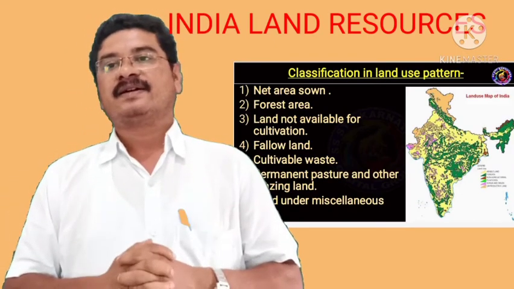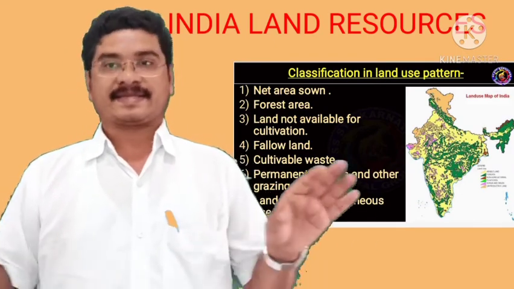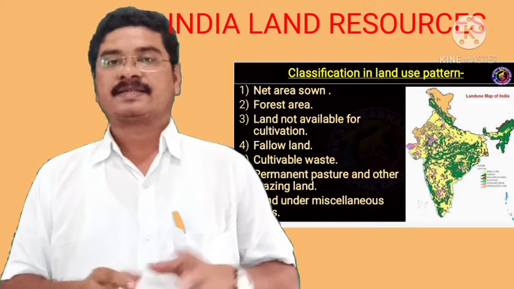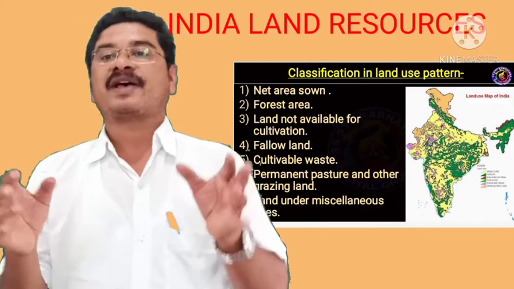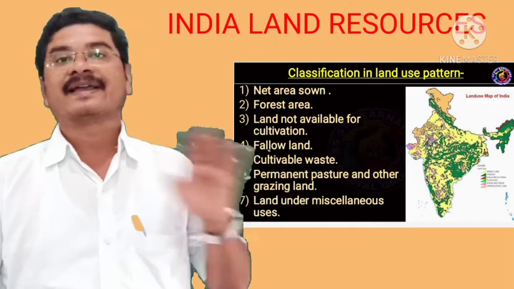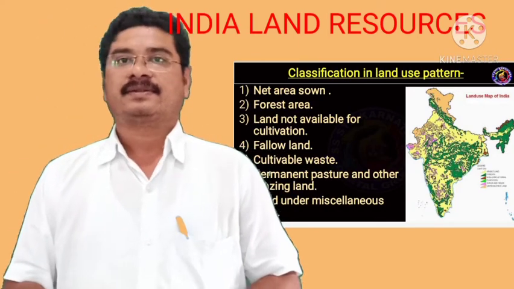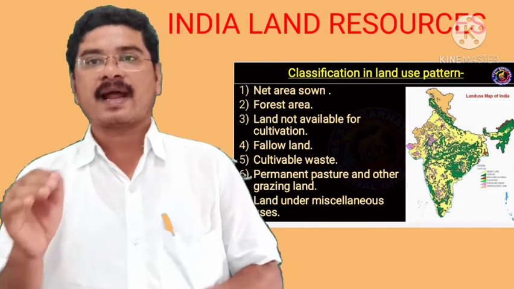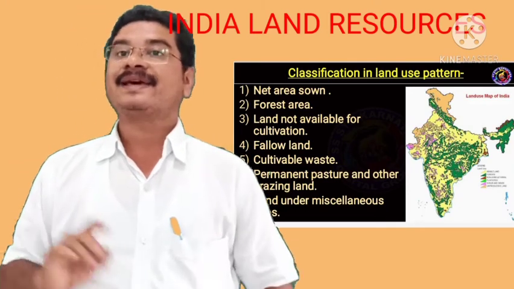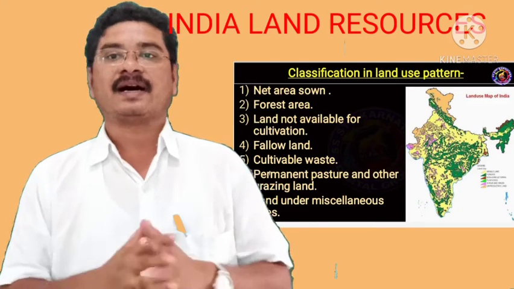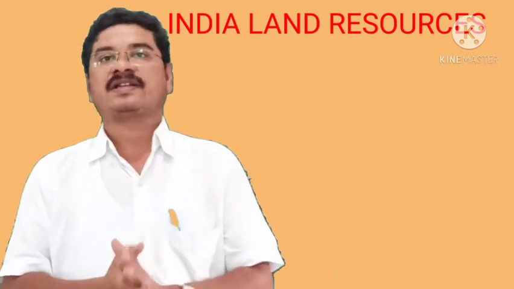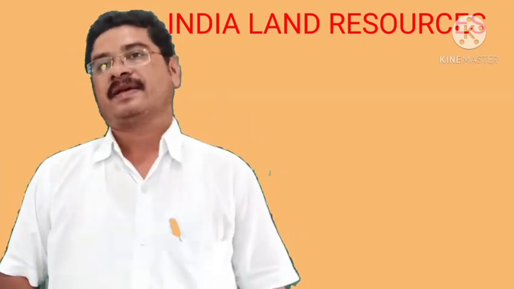Fifth is cultivable waste. Then the sixth one is permanent pasture and other grazing land. And the last one is land under miscellaneous uses. These are the 7 classifications of land use patterns.